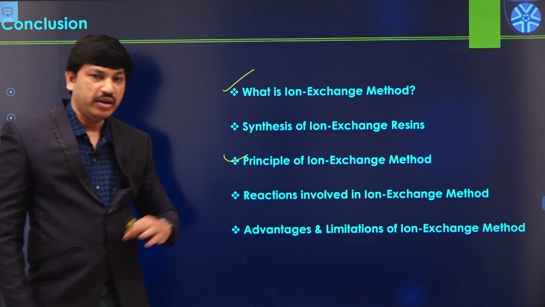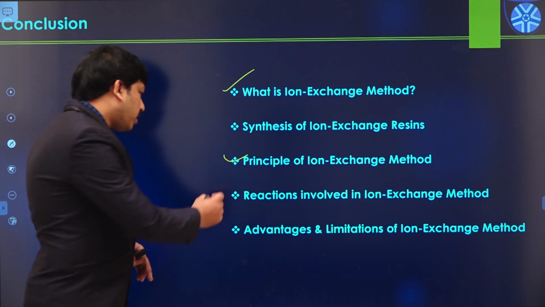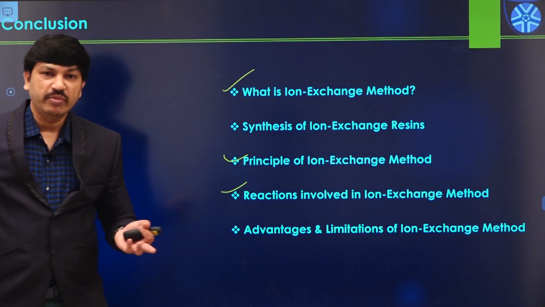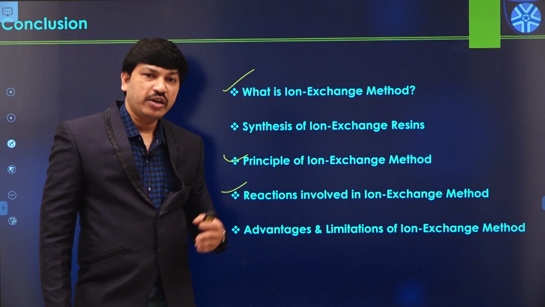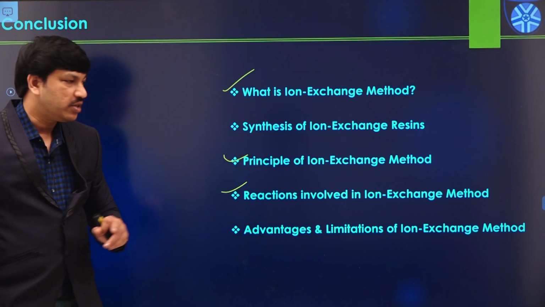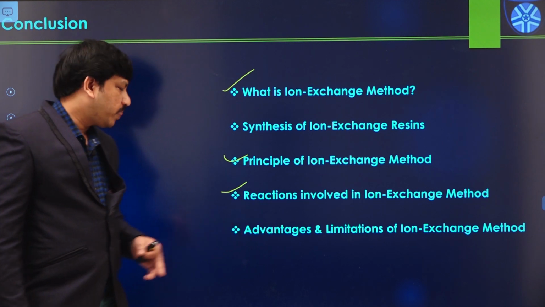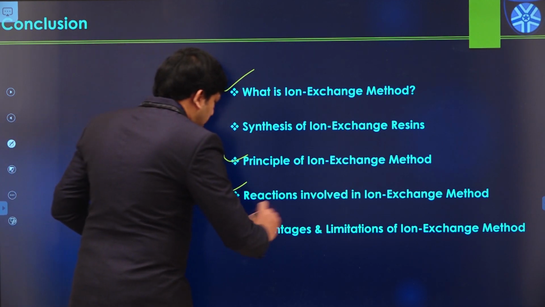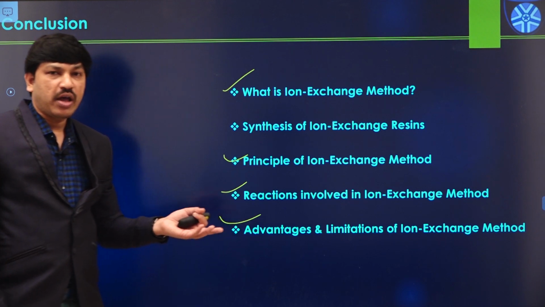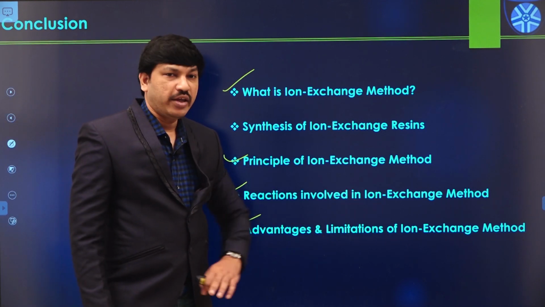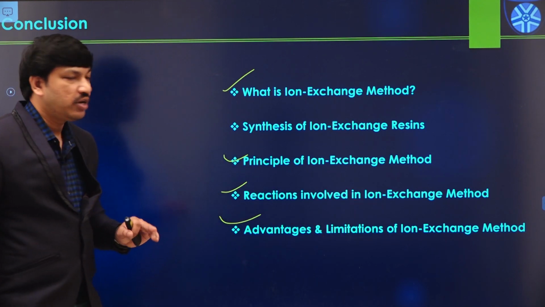Basically, the exchange of cations is the main principle, and what the reactions involved in the ion exchange method are. Reactions at the cation exchange resin and reactions at the anion exchange resin, and there is a regeneration process also. Those things we discussed. And finally, we discussed the advantages and limitations of the ion exchange method. So this is all about the first unit.